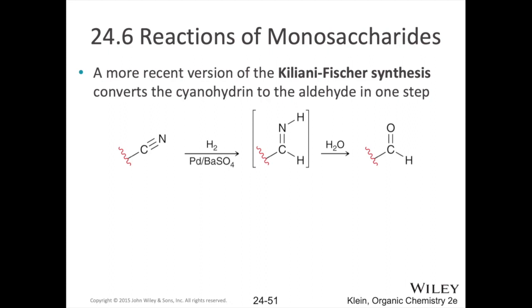The more recent version, which is a little bit more effective, has higher yields because instead of going via a carboxylic acid intermediate, you're going directly to the aldehyde. Basically, you can use hydrogen and a poisoned catalyst, so palladium with barium sulfate, and it reduces your nitrile into the corresponding imine, which you can then hydrolyze directly into an aldehyde.